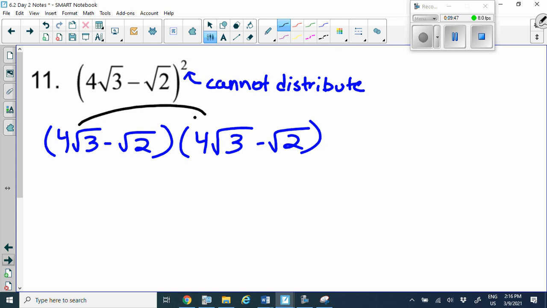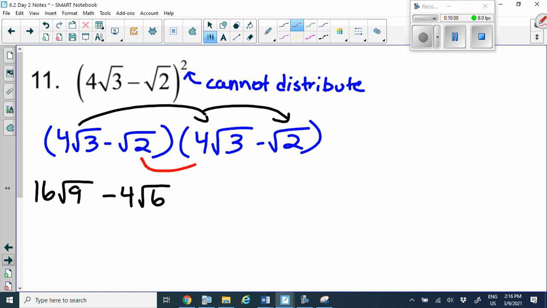So I multiply 4 square root of 3 by itself and negative square root of 2. So 4 times 4 gives me 16. Square root of 3 times square root of 3 gives me square root of 9. Now I do minus, I keep the 4, because I can only do square root of 3 times the negative square root of 2. That gives me square root of 6. Now I'm going to take negative square root of 2 and multiply it by 4 square root of 3.